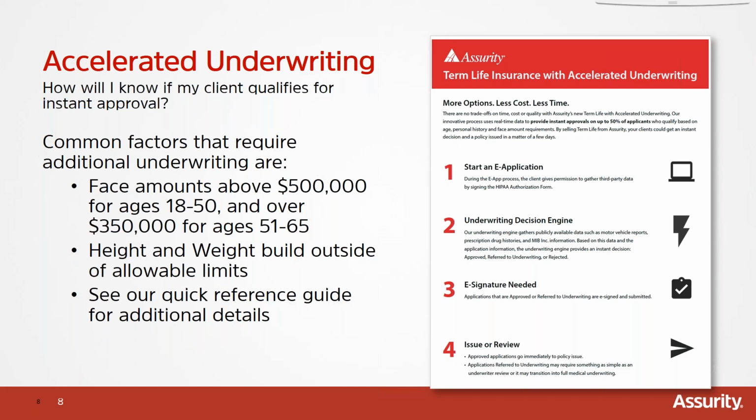I will say that since we released this product in November of 2017, we've done a major upgrade to our underwriting engine in the background, and we've seen our straight-through processing percentages go from in the teens up to recently 44%. So we're really shooting for that 50% for straight-through processing, meaning once you get to the end of that e-application, they're getting approved and going straight to issue.